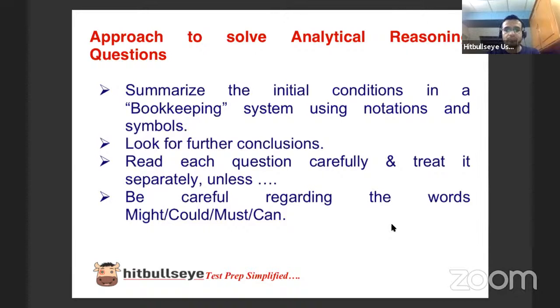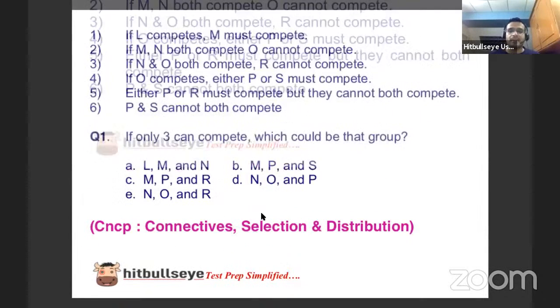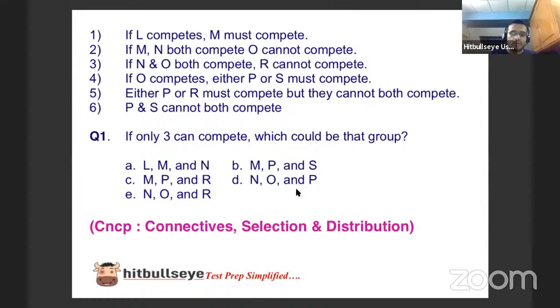Once you have the diagram and you have the notations, then answering is very easy and quick to find. So we saw in this example, we have made our conditions and then basis. Another point to note is take every question separately.